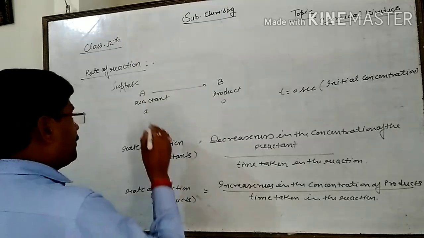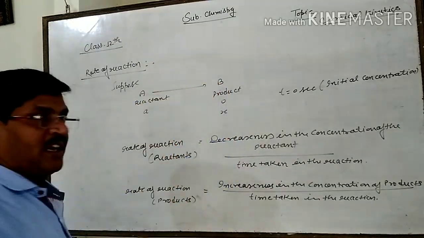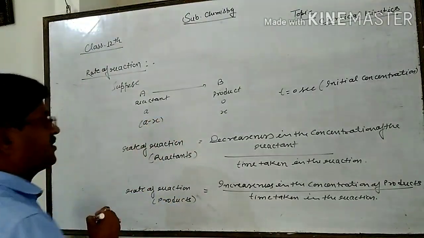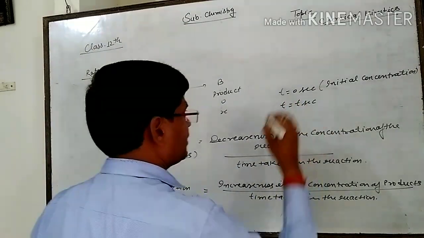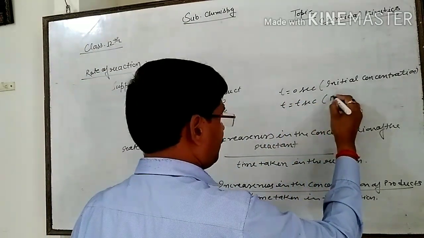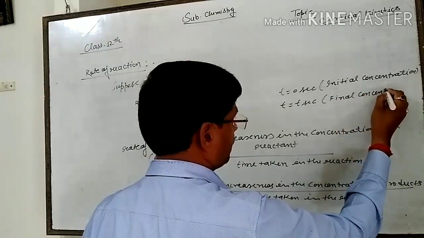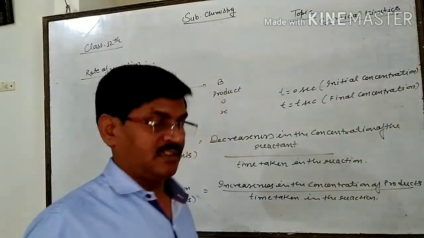After that, if from a, x amount is converted into product, then here it will be a minus x, and the time taken here is t seconds. So this is the final concentration.